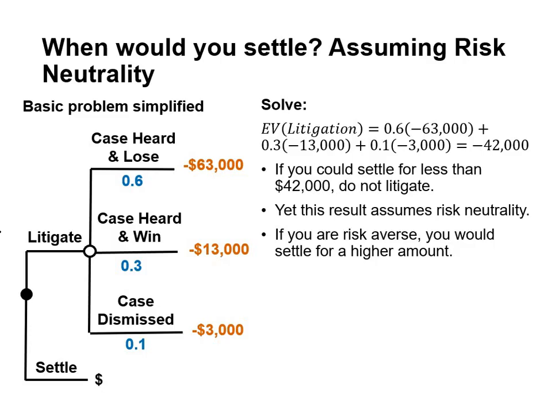So if you get a settlement offer of, for example, 41,999, that is still better than expecting a loss of 42,000 from litigation. Okay, but now we have an important aspect to consider, which is that we assume risk neutrality. That is often a very unrealistic assumption, and a more realistic assumption is risk aversion.